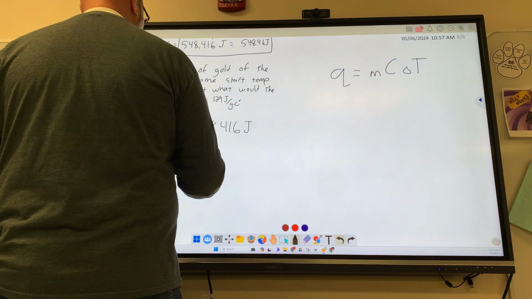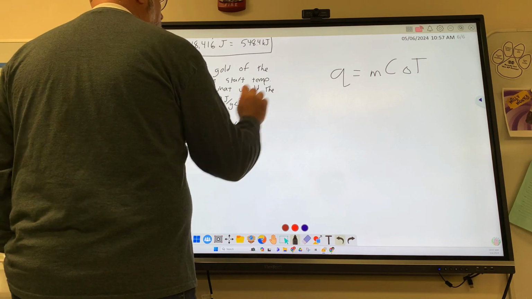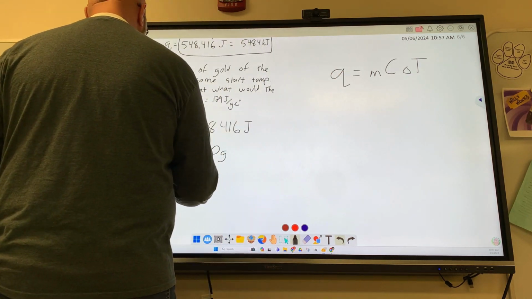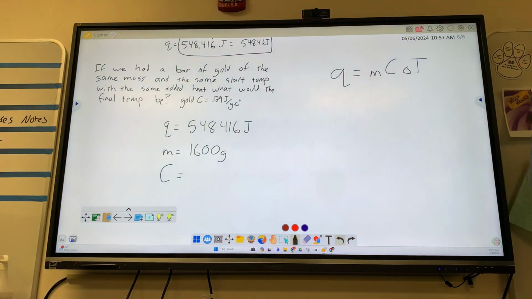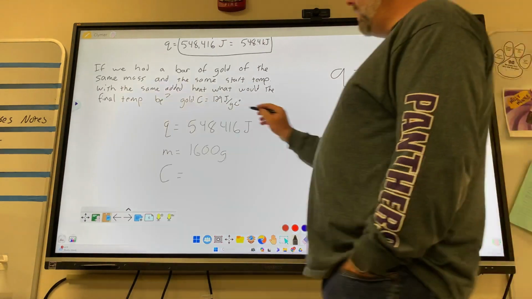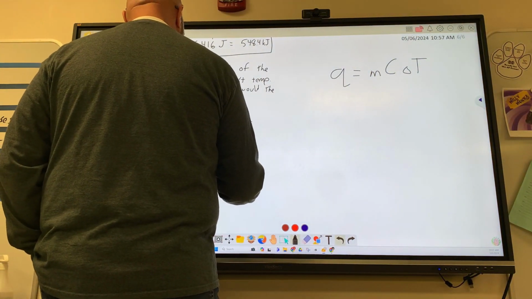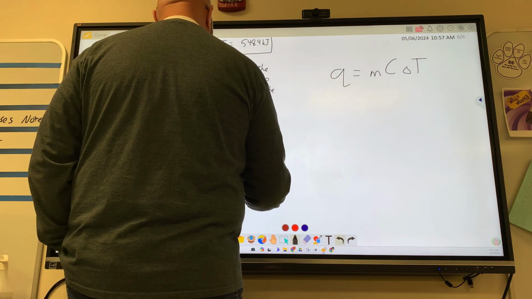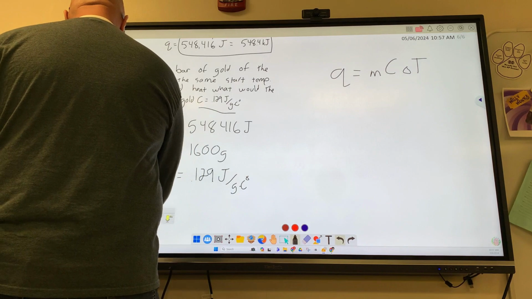Same mass of gold. What's our C for gold? 0.129, given in the question. 129 joules per gram Celsius. And what was our delta T? We don't know. That's what we're solving for.